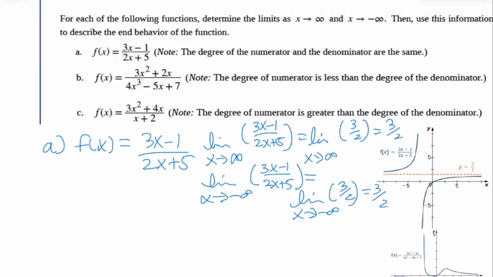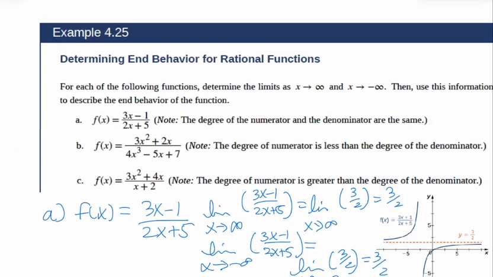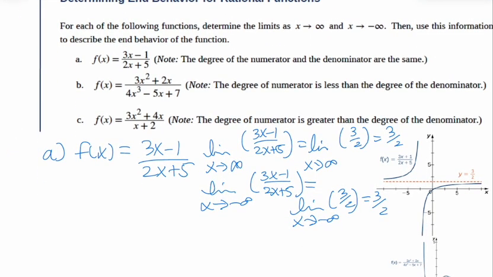But we learned last year if the power on top and the power on the bottom match, that we are allowed to use the coefficients on the x. I didn't tell you that those coefficients appear because of our rules of derivatives and things like L'Hopital's rule. So you can still do L'Hopital's rule.